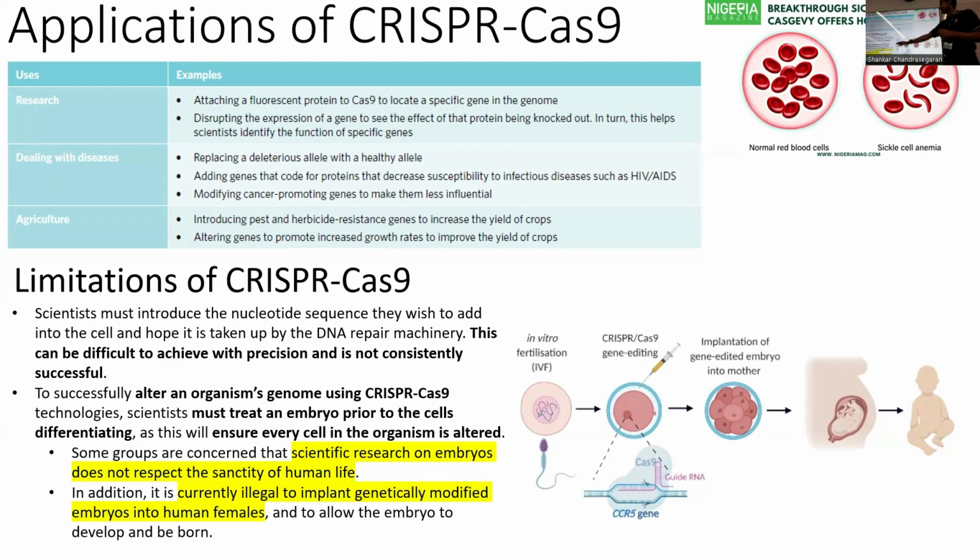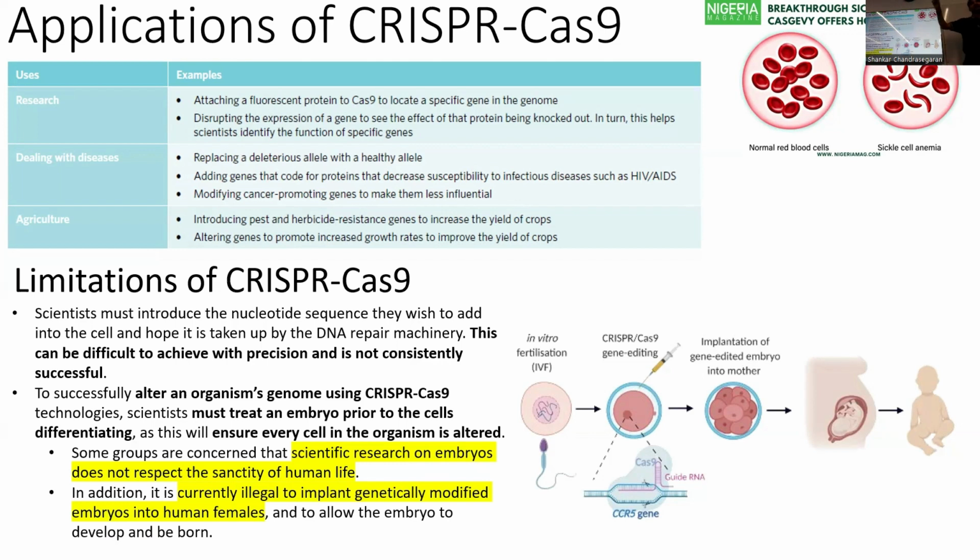Another thing is that to successfully alter an entire genome's DNA, right? So every cell in your body, if you want to make sure it's been altered, it needs to be done at a very early stage. Basically, when you are a clump of cells, specifically as an embryo. When you're an embryo, if your genes have been edited, you will grow up with those edited genes.